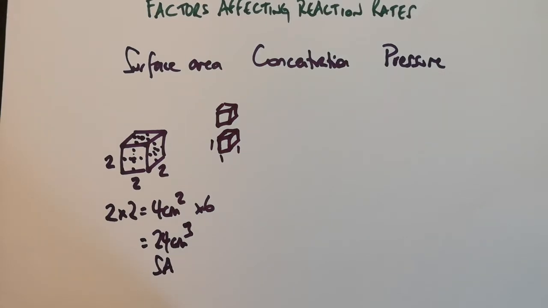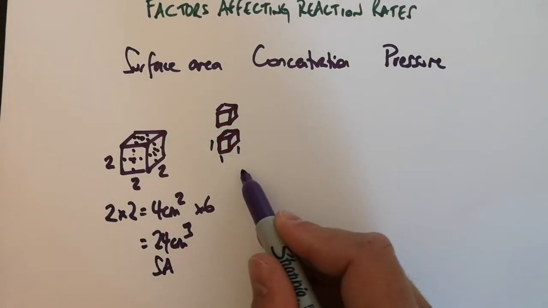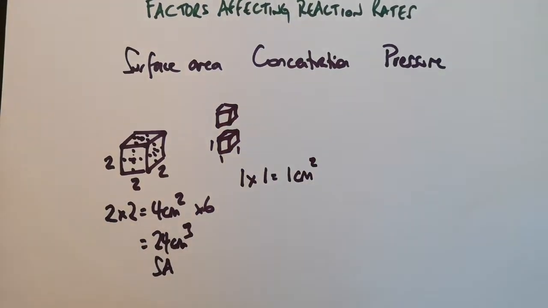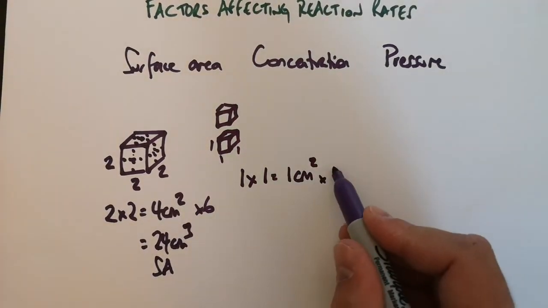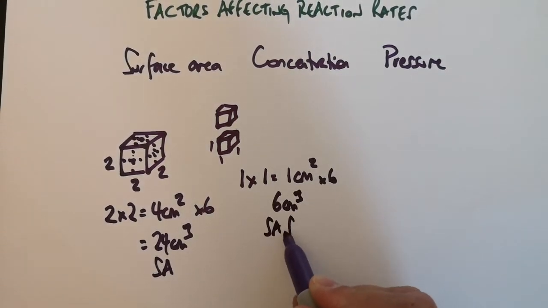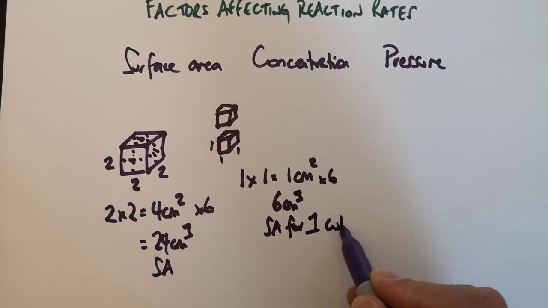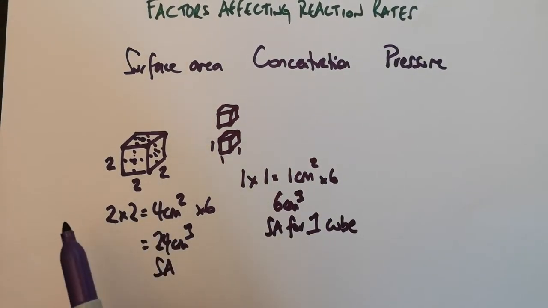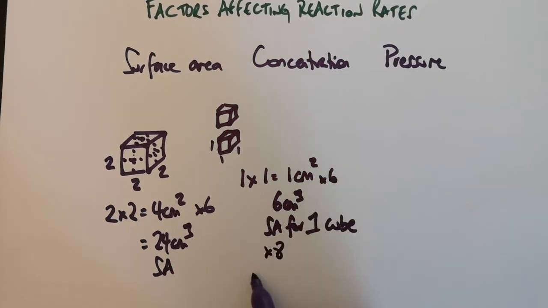So if I calculate the surface area of one of the cubes, each face is 1 centimetre squared. We could times that by 6 to get 6 centimetres squared surface area for 1 cube. But of course there are 8 cubes now. I've split this into 8. So if I times that by 8, I now get 48 centimetres squared total surface area.